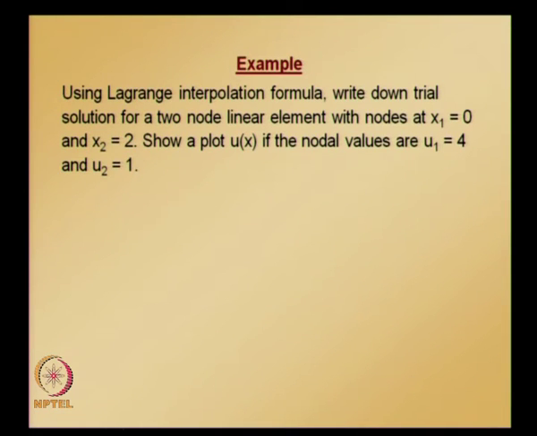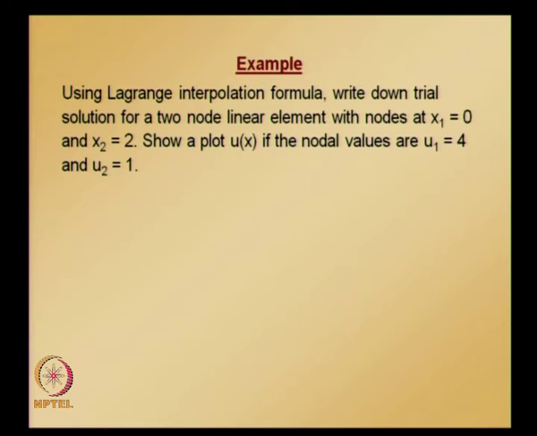Using the Lagrange interpolation formula, write down the trial solution for a 2 node linear element with nodal coordinates x1 and x2 given, and also show a plot of the trial solution if the nodal values are u1 is equal to 4 and u2 is equal to 1.